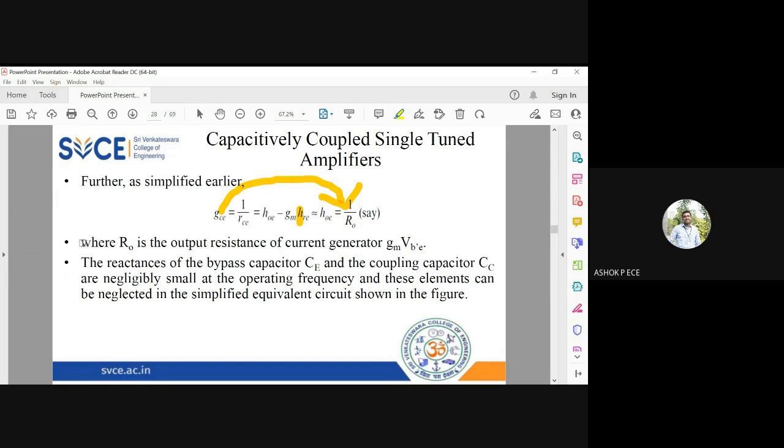And R naught is the output resistance of the current generator g m V B dash E. Okay, and in the diagram we had the bypass capacitor C E and the coupling capacitor C C. The effects of C E and C C are negligibly small, so I can neglect them in the equivalent circuit. C E is called the bypass capacitor, present at the emitter side, and C C is called the coupling capacitor, which is used to couple the output voltage from one stage to the second stage. These two capacitances have a negligible impact on the operating frequency of the tuned amplifier.